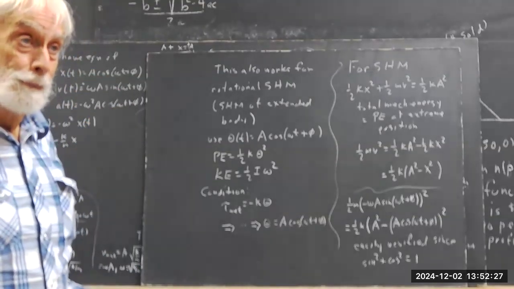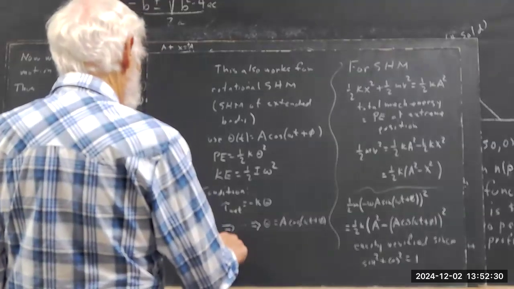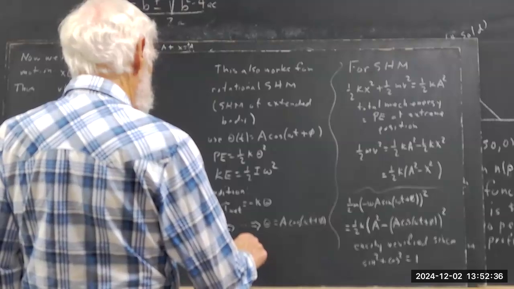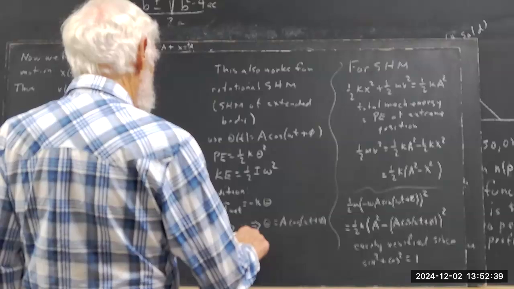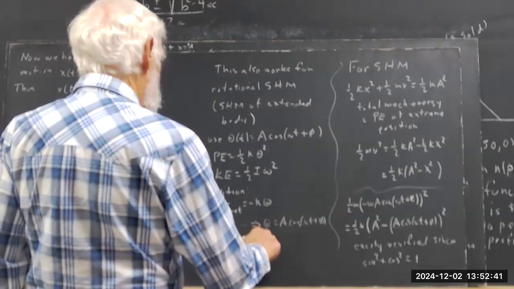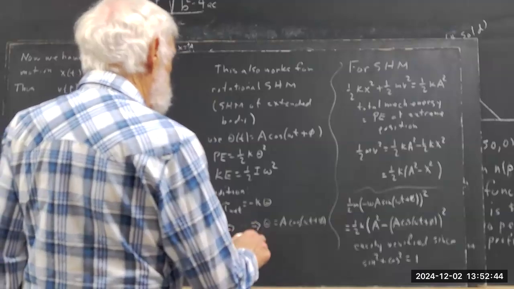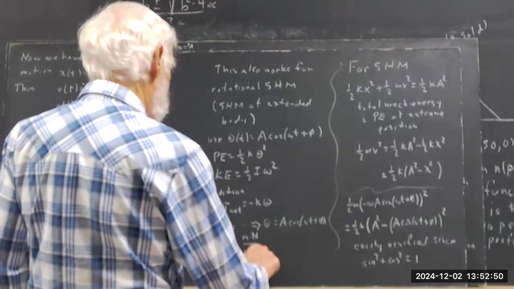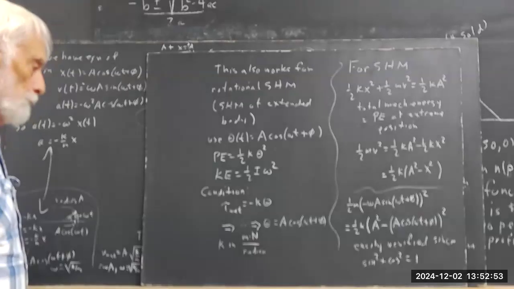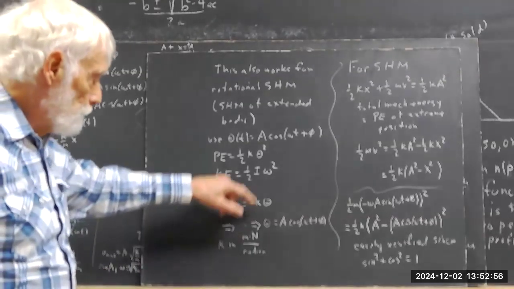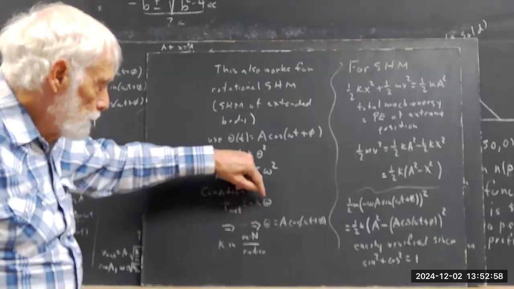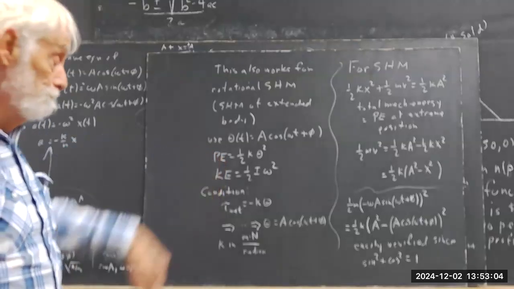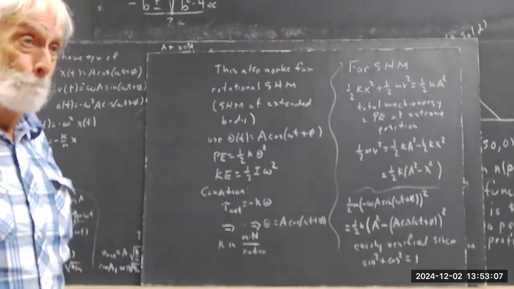It's not force anymore. I like to write it meter newtons per radian, because if you multiply meter newtons per radian times radians, you get meter newtons, which is an expression for torque, right? Okay.